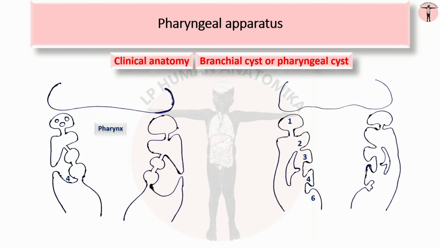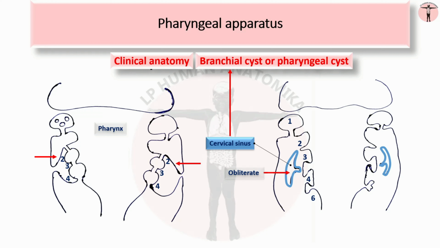In normal development, the pharyngeal grooves 2, 3 and 4 are overlapped by the overgrowth of the mesenchyme from the pharyngeal arch 2 and form the cervical sinus. As the development proceeds, the cervical sinus present in the neck region gradually obliterates. If the cervical sinus persists, it leads to a fluid-filled pharyngeal cyst.